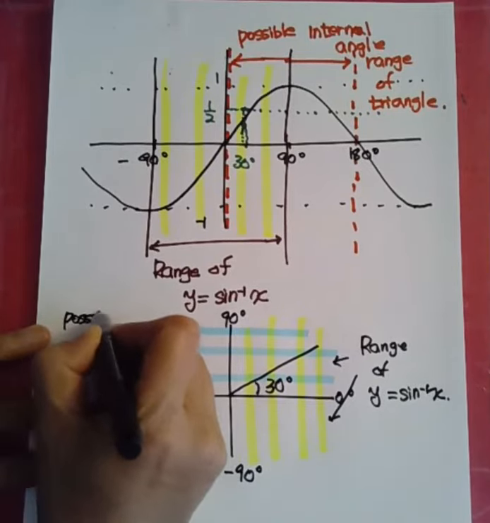When we used sine inverse of 1/2, we missed the angle in this region. As we know, the sine is positive in the first and second quadrant. There is another angle which satisfies the same equation.